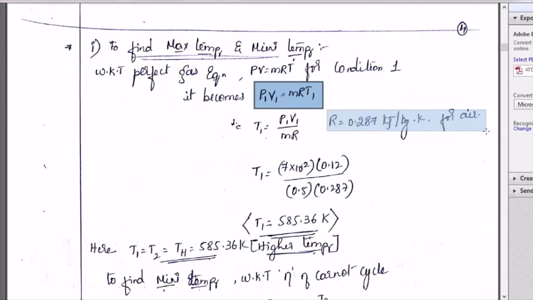It is always different for vapor and for air. This was discussed in psychrometry and in the vapor power cycle. The same comes over here also, it will remain 0.287 kilojoule per kg Kelvin for air. You have to remember, for vapor it is different, for air it is different. Substituting this, we get the value of T1.